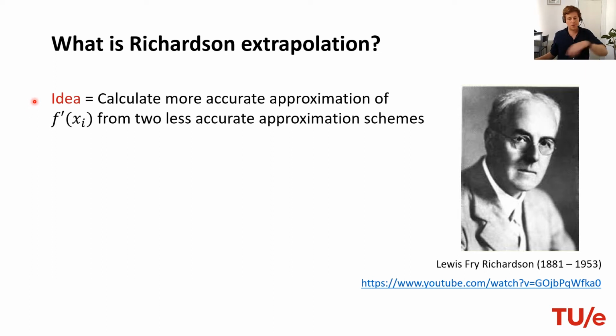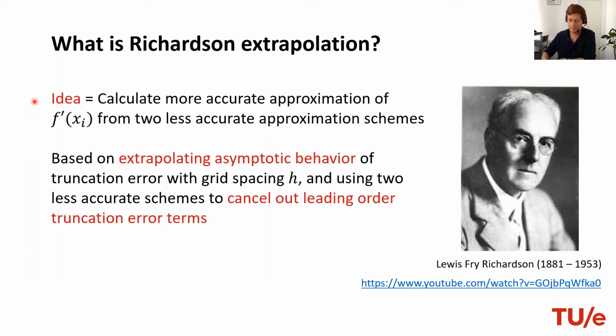Now back to Richardson extrapolation. The whole methodology is basically based on extrapolation of the asymptotic behavior of the truncation error with respect to the grid spacing. And we will use two less accurate schemes calculated on two levels of grid refinement h to cancel out leading order truncation error terms.